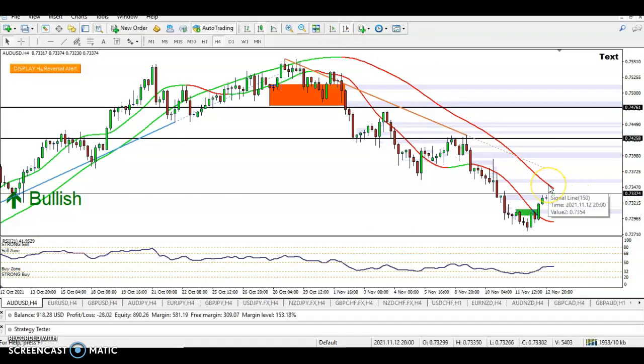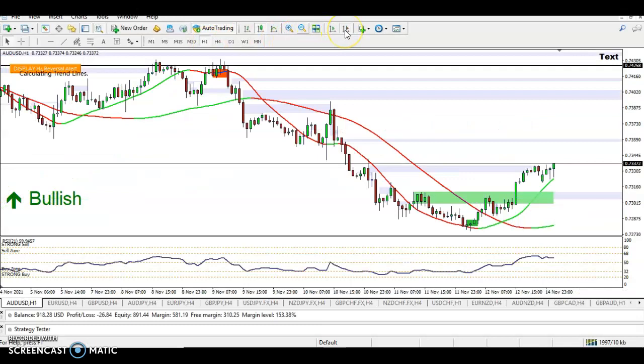And if you look at the HMAs, they are wide open. So before we get into a bullish trade, we want to make sure that these two HMAs cross, or we have a confirmation on the 4 hour that we're pulling to the upside.